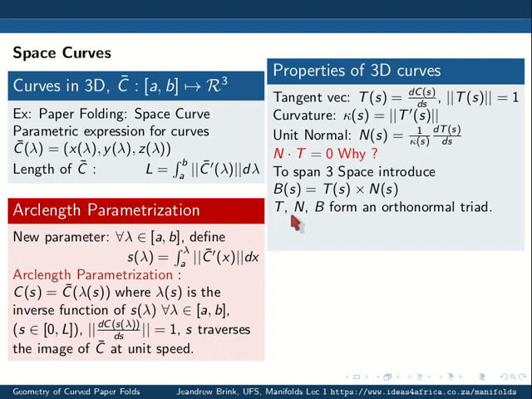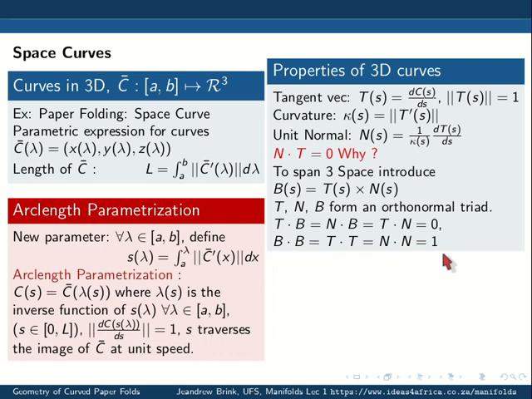So if I tell you that T, N, and B are an orthonormal triad, what I mean is basically that they have these properties. They are orthogonal in that their dot products with all the others are always 90 degrees. And they are orthonormal because the norm of each individual vector is 1.